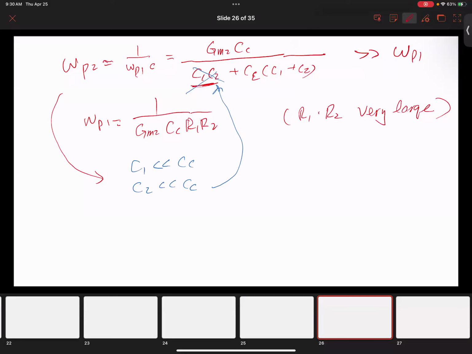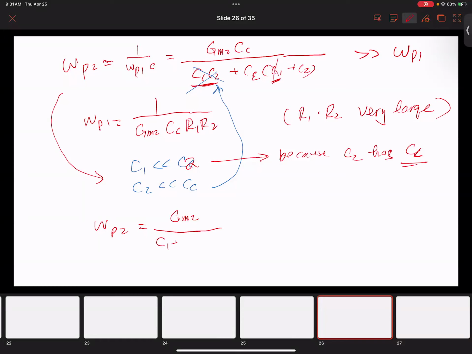And then we get this equation, WP2 equal to GM2 over... C1 is much smaller than C2, because C2 has CL in it, and CL is typically much larger. So we're going to neglect C1 here.